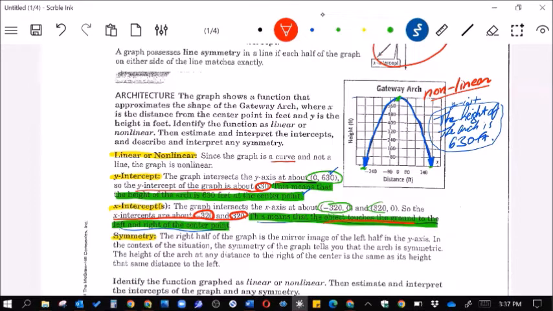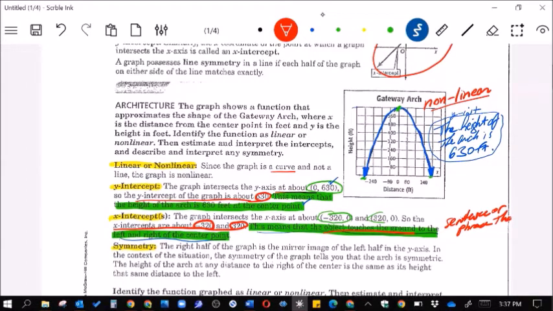And that's what you want. If you want a sentence or phrase that explains the y-intercept or the x-intercept.